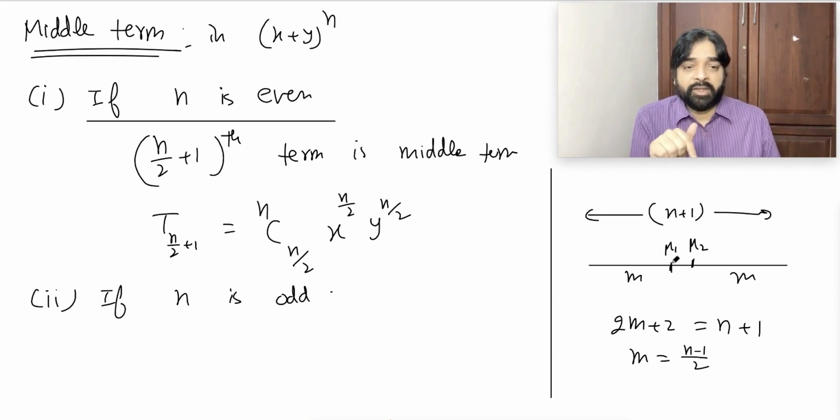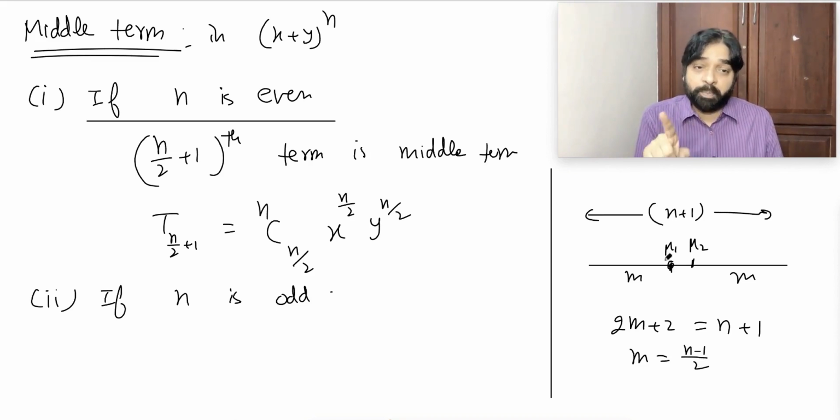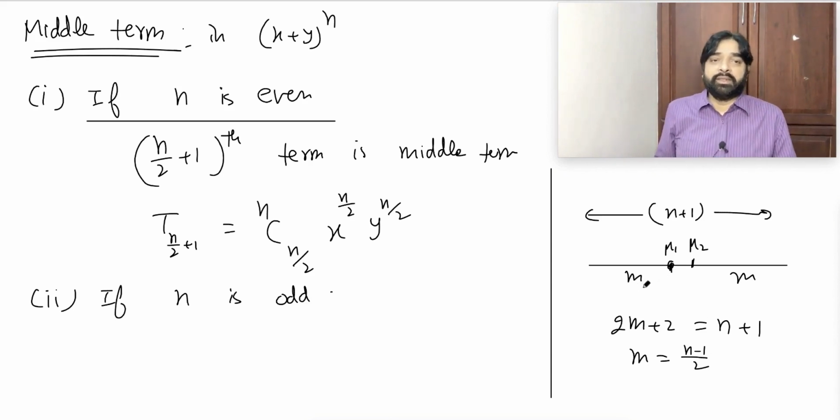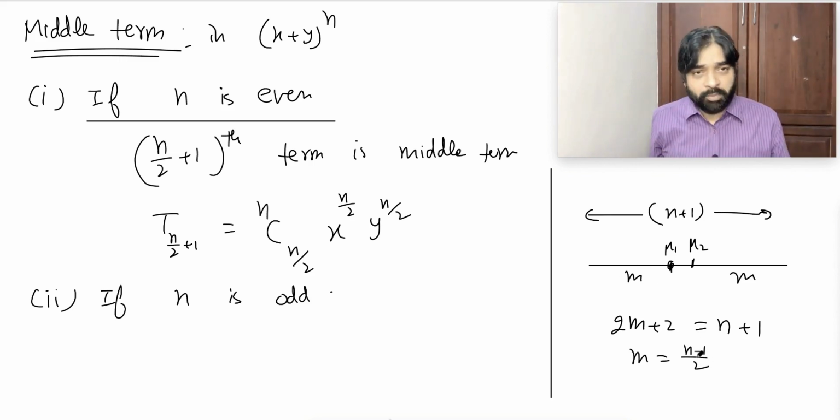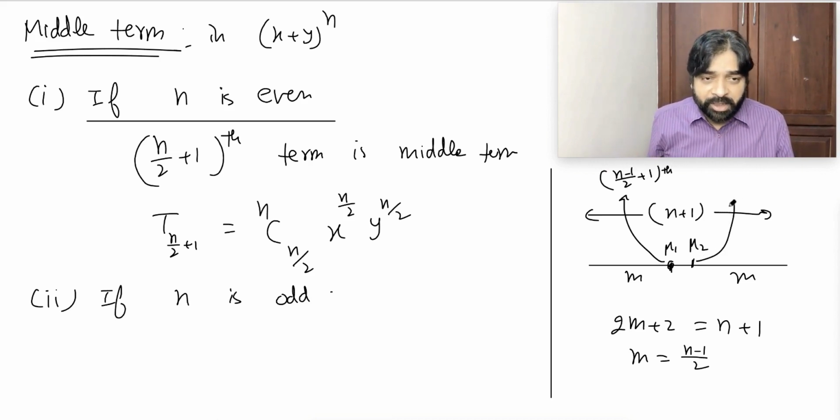That means the first middle term will be the n minus 1 by 2 plus 1 next term, and the second middle term, n minus 1 by 2 plus 2. Did not understand? I checked and found that the m value will be n minus 1 by 2. So this is which term? I will say the n minus 1 by 2 plus 1th term. This is which term?